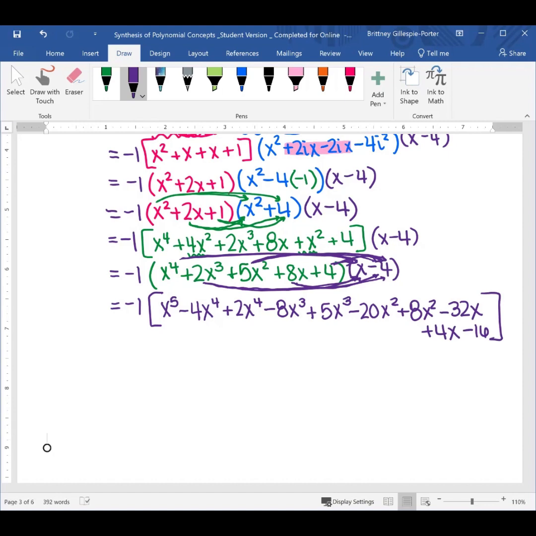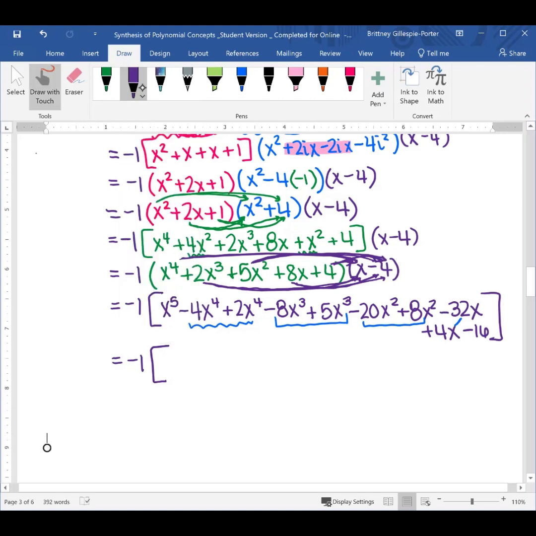Man. Let's go ahead and combine our like terms. And then we'll distribute the negative 1. The cool thing about the way we multiplied, all of our like terms are right next to each other. So the x to the 4th are together. The x cubes are together. The x squareds are together. And the x's are together.